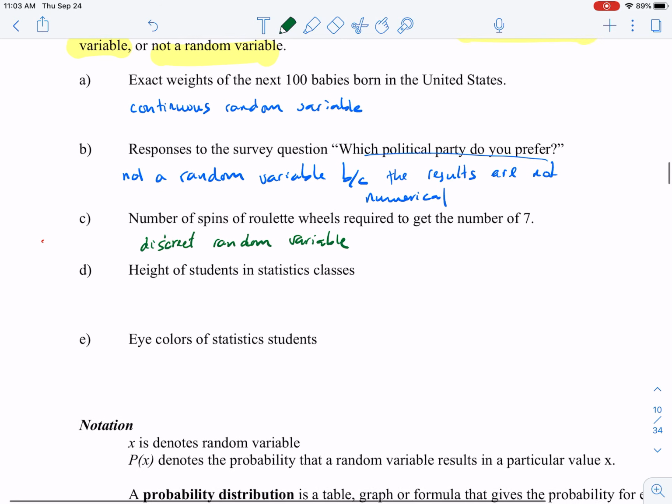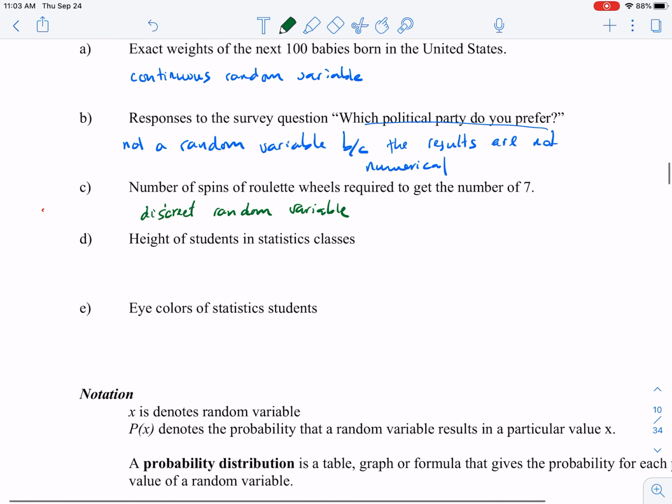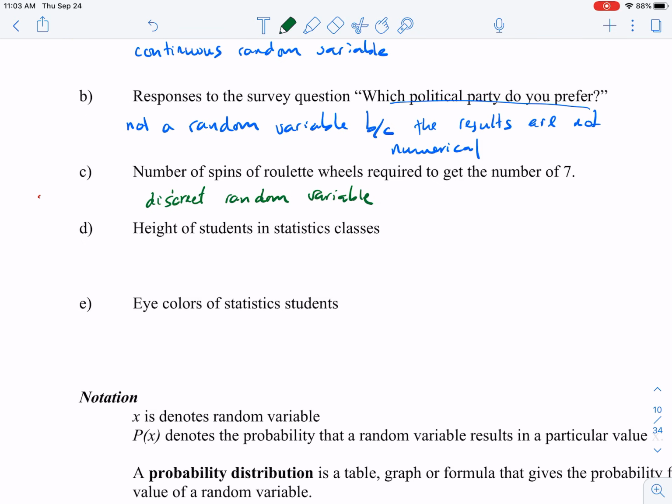Okay, height of students in statistics classes. In this case, we're gonna have continuous random variable because the height values are randomly determined by chance, and also can take up any values in an interval. So we have to measure to get the height. So in this case, we have continuous random variable.